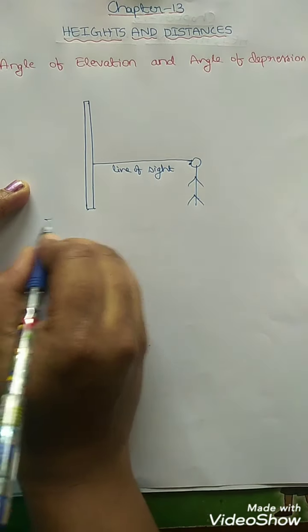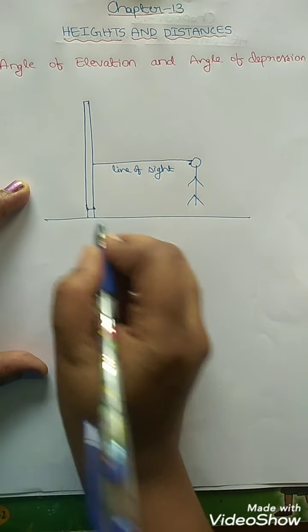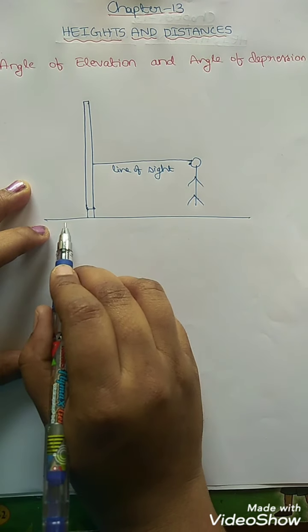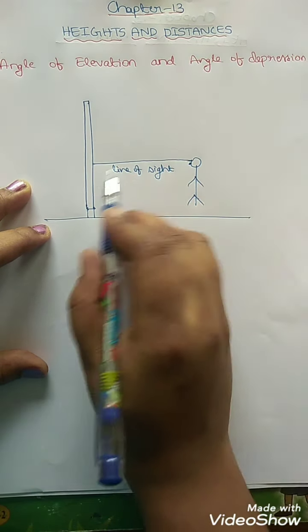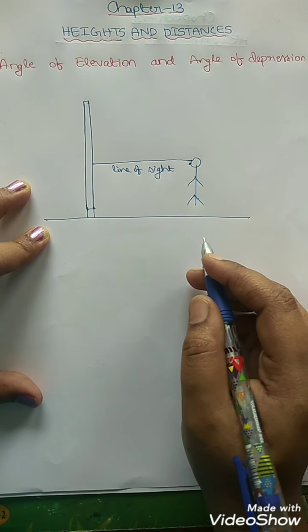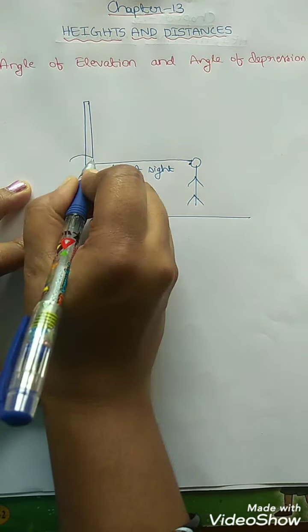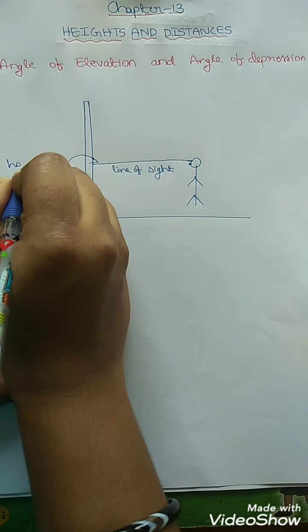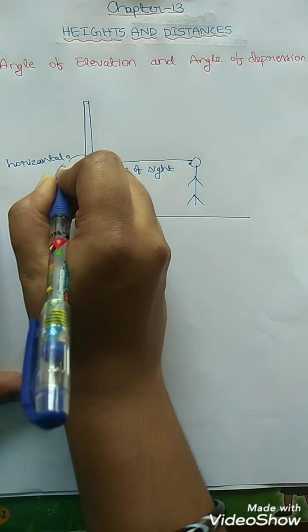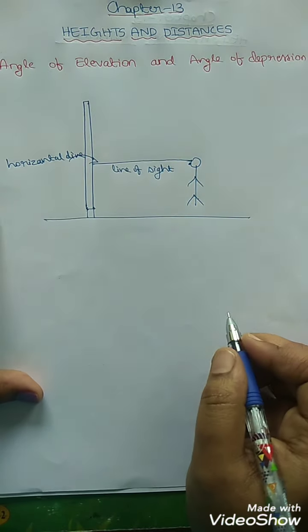Suppose this is a surface. This line of sight is parallel to the surface. Therefore, this line of sight is also called the horizontal line of sight, or simply the horizontal line.